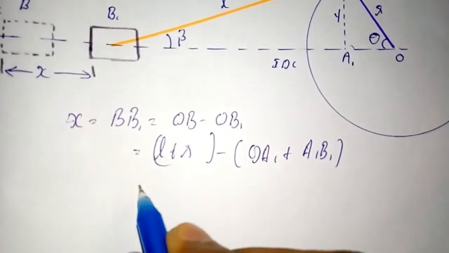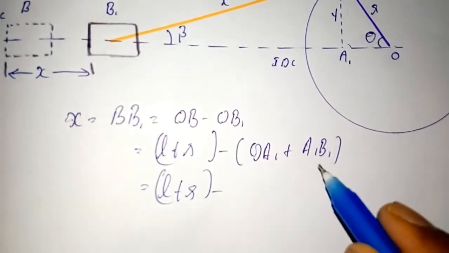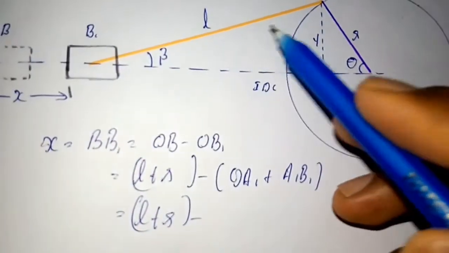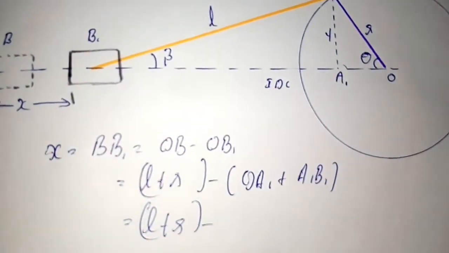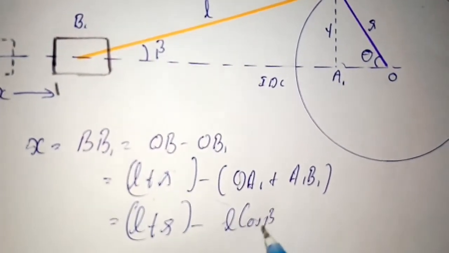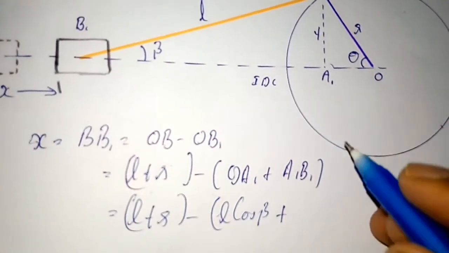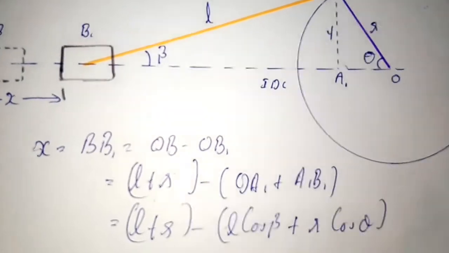And L plus R minus, we can write A1B1 from this triangle, which is A1B1A. So from here we can write L cos beta, because A1B1 is L cos beta, plus OA1, so we can write it as R cos theta.